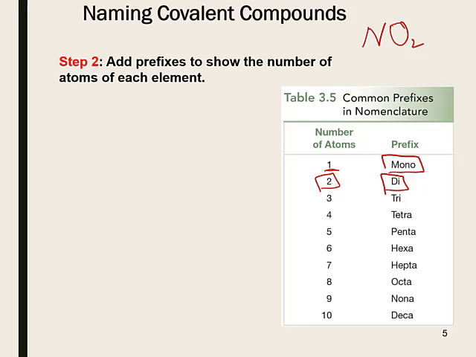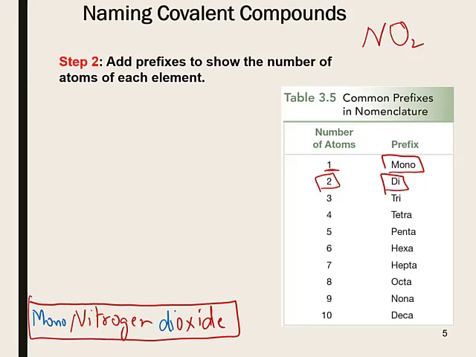So in step number one we write its name to be nitrogen oxide. Now we need to identify how many atoms of nitrogen and how many atoms of oxygen are present. We saw that there is one nitrogen and two oxygens, so technically the name of this compound should be mononitrogen dioxide. There are a couple of exceptions, I'm going to go over them, but that's all the nomenclature you need to know so far.